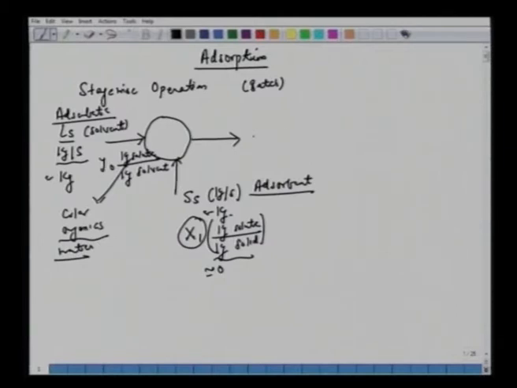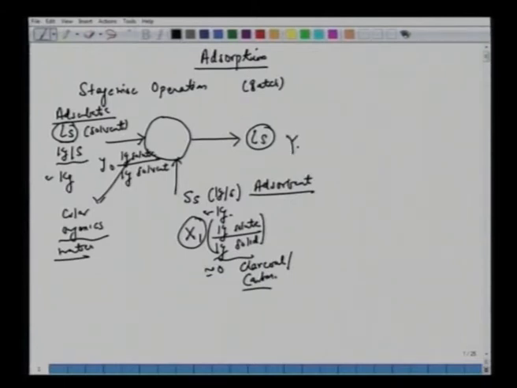Here also you have LS, and LS will remain the same because you are working on a solute-free basis. So assume that the solvent is not getting adsorbed on this solid. So let's say you have charcoal or you have carbon. In principle some water will also get adsorbed, but let's assume that LS remains the same here.